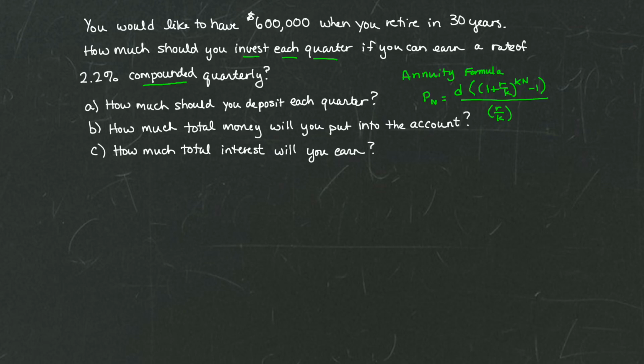And what do all those letters mean? Well, Pn is our future amount. The D is the monthly deposit or the quarterly deposit, but the regularly scheduled deposit. So it's the deposit that's on a regular schedule. The r is our interest rate.